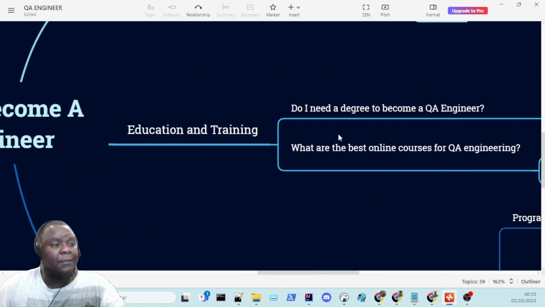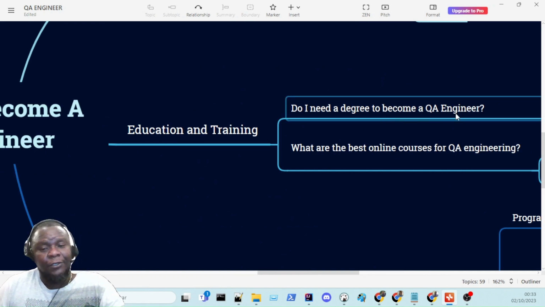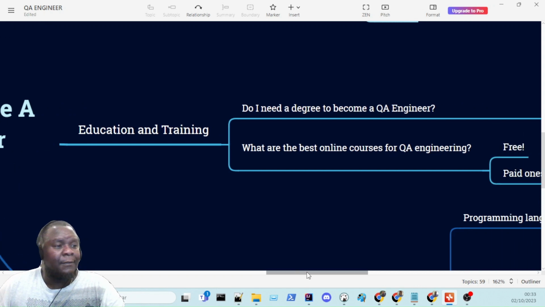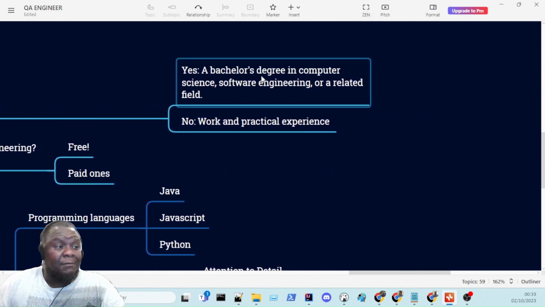It's good for a QA engineer to have a degree, right? Because if you have a degree in computer science or software engineering or some related field, it's gonna be much easier for you to start working in the field, right? Because you have more contact in universities with coding and with testing all the time.